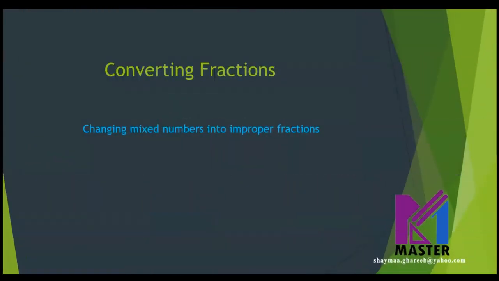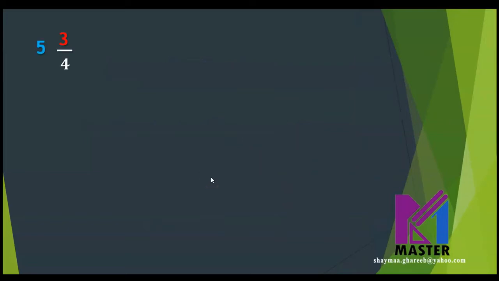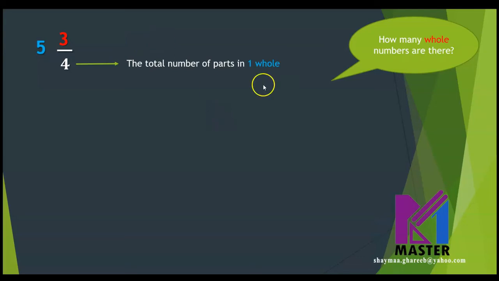Now let's talk about changing mixed numbers into improper fractions. Look at this mixed number. As we said before, it has two parts, a whole number and a fraction part. And the number down is the number of parts in one whole. So if I asked you how many whole numbers in this number, what do you think? Of course, there are 5.